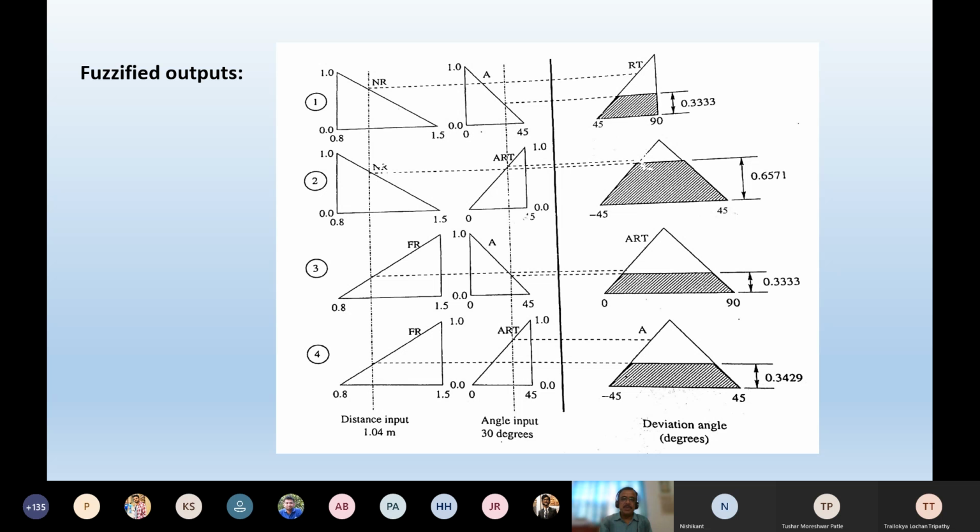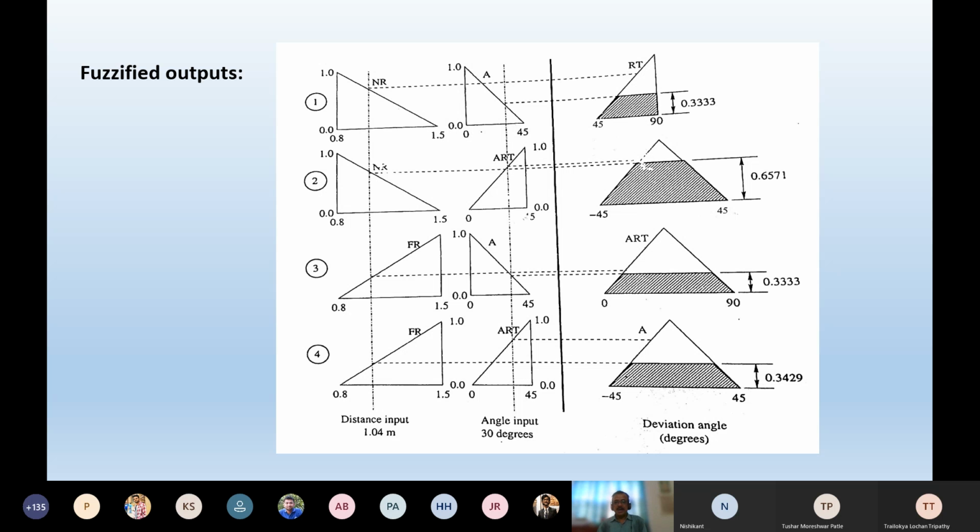This is the mu corresponding to near, the mu corresponding to ahead right. Consider the minimum. So you will be getting this particular shaded portion as your output for the second fired rule. Corresponding to the third fired rule, this shaded portion is the output. Corresponding to the fourth fired rule, this shaded portion is the output.